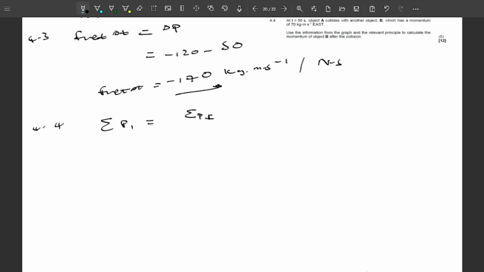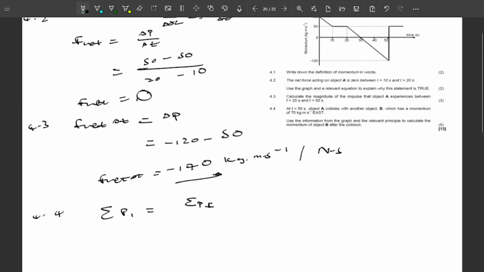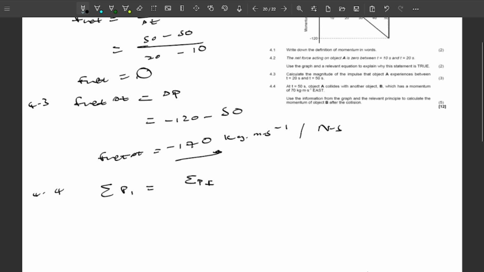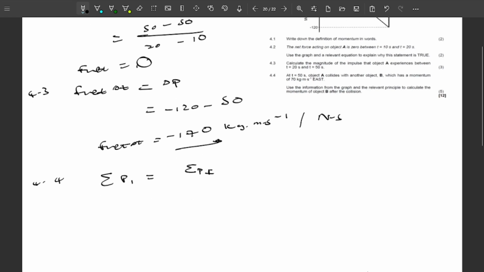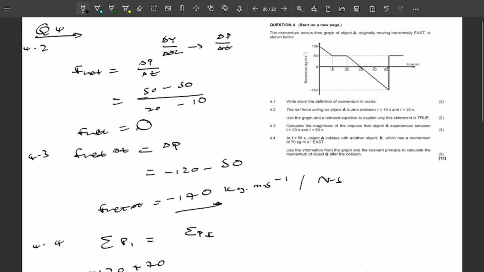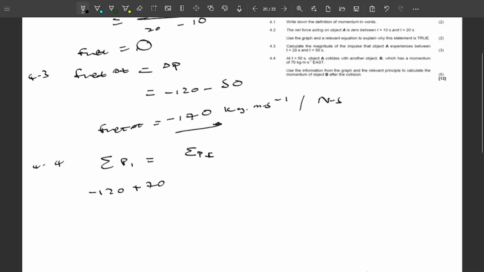Right? So initially, what was happening? Initially, we know that it was moving with what at t50. It was moving with the momentum of negative 120, and the other one it was moving by 70 east, right? So the reason why it's negative, it shows us that it's in the other direction, which is west. So please don't be confused when you look at this.